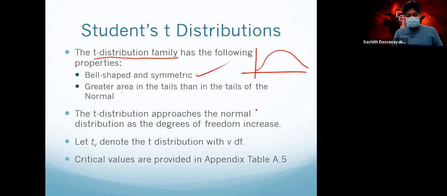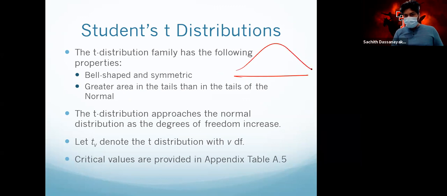If you consider your normal distribution is like this, your T distribution is like this. Once you consider these tails, this part and this right hand side, you can see this area is much greater than this area, because in the normal distribution it goes like this, but here it's like this.